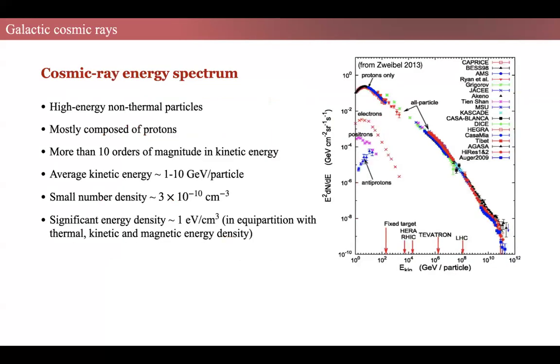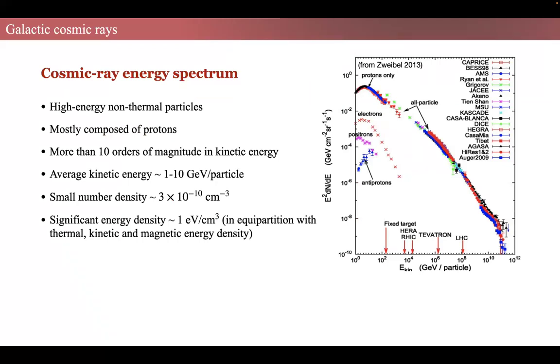First of all, what are cosmic rays and why are they important? Cosmic rays are high-energy non-thermal particles that are mainly produced within galactic disks through shock acceleration in supernova remnants. On the right, you can see the cosmic ray energy spectrum measured from the Earth.